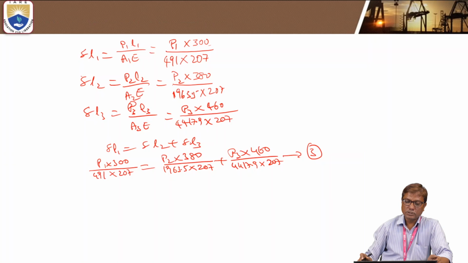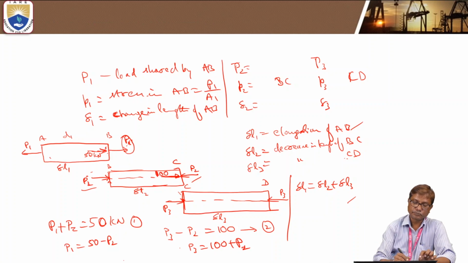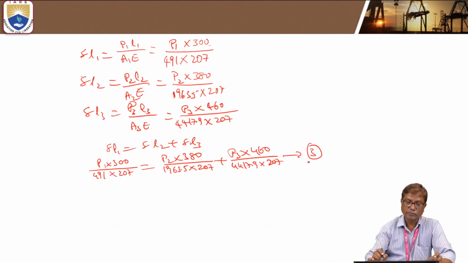So we substitute the values of P1 and P3 in terms of P2. Replace P1 by 50 minus P2, and replace P3 by 100 plus P2 in this equation 3.